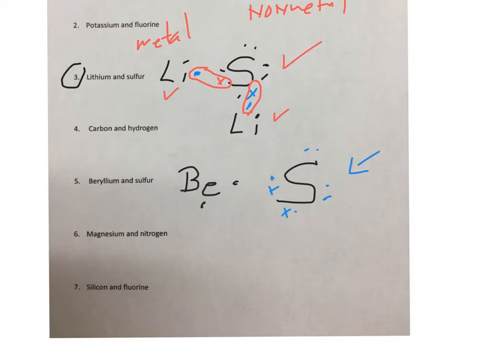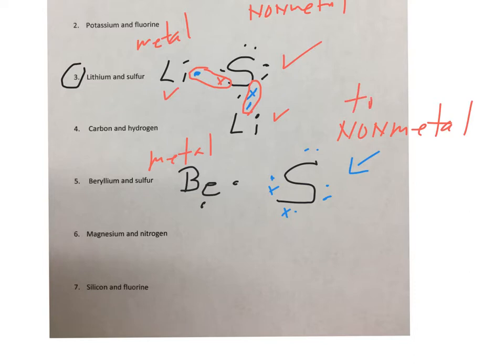Okay, so now beryllium, is it a metal or is it a non-metal? It's still a metal. And sulfur, is it a metal or is it a non-metal? It's still a non-metal. Okay, so what you're going to do here, you have an ionic bond, so do they share or do they transfer?